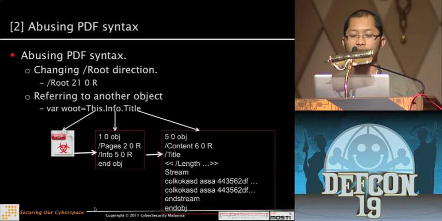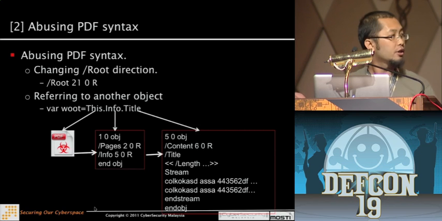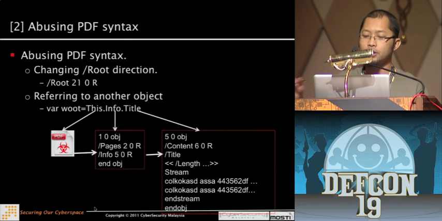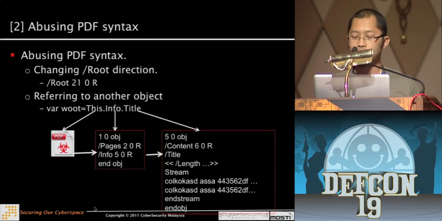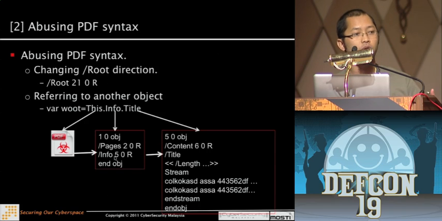And another thing is about referring to another object. For example, you notice the var here. The variable var is pointing to an object called this.info.title, which is a kind of OO representation, where this normally refers to the PDF itself, and .info always refers to another component, like for example this one, /Info, and /Info is a reference to object 5.